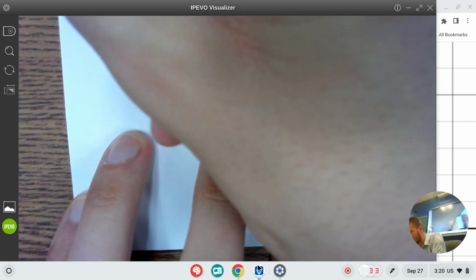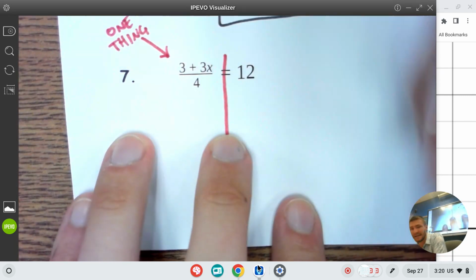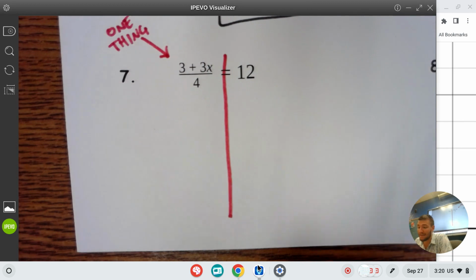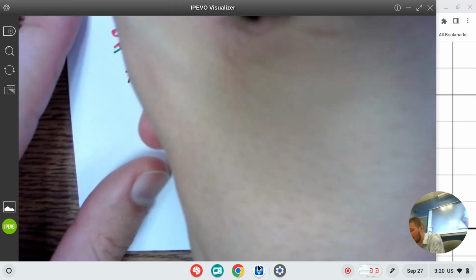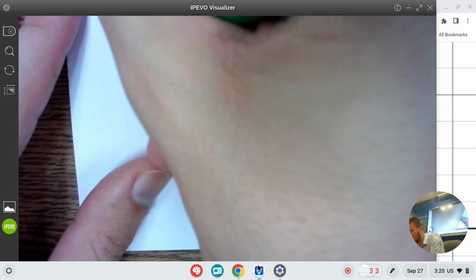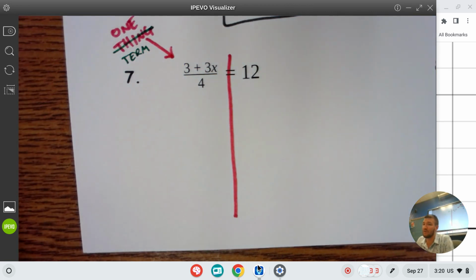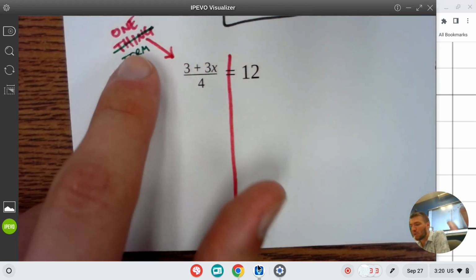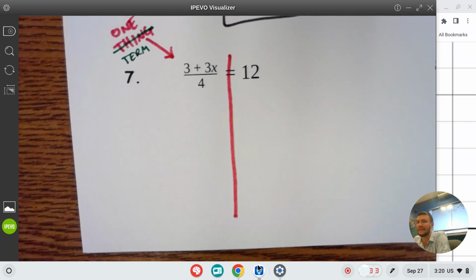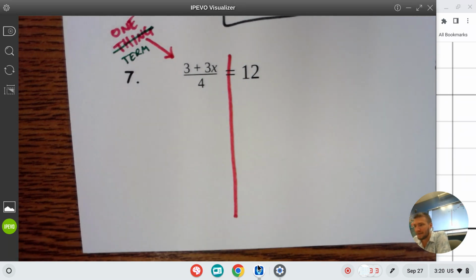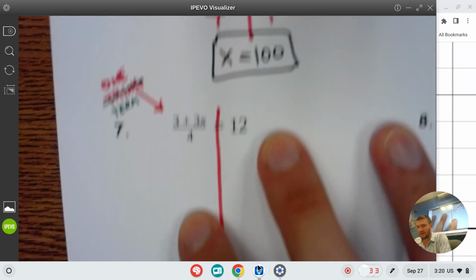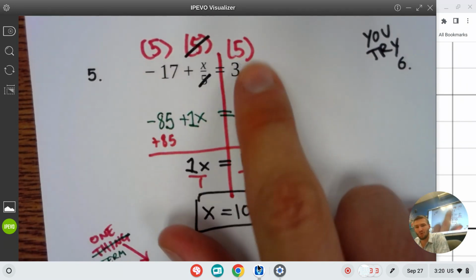And because this is one thing, and if you want to be really mathy, you could even say one term, because this is one term, it only gets a 4. Remember, every term gets multiplied.